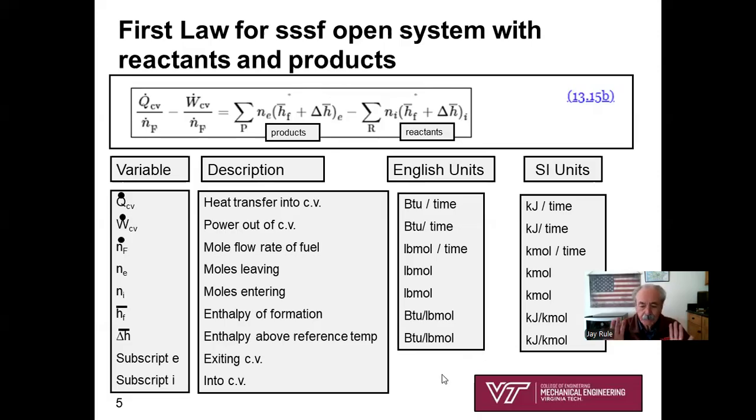Okay, I hope that gives you an idea of where we're headed. The fundamental equation for our combustion reaction, where we're trying to determine the heat generated, okay, is the first law.